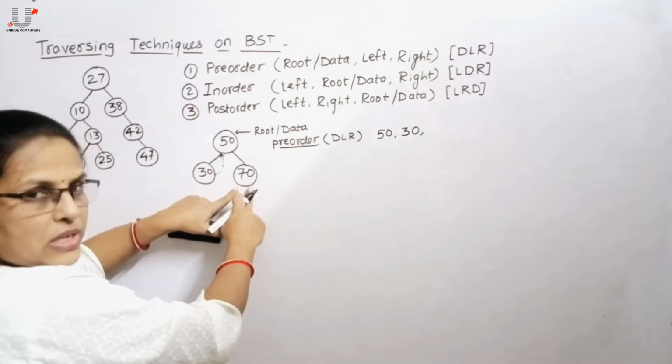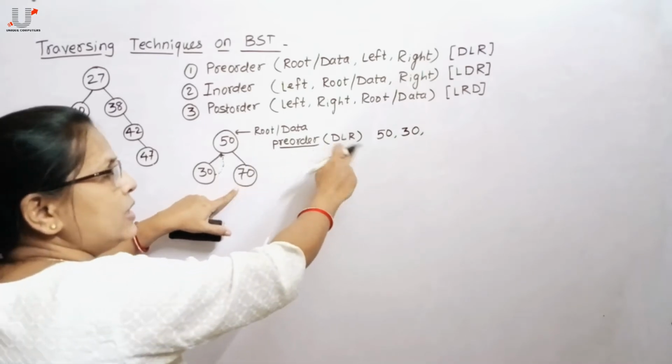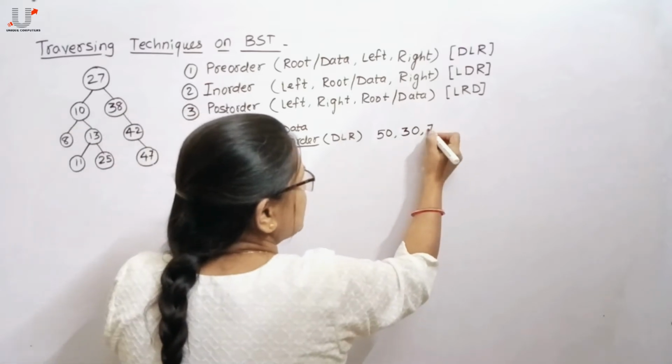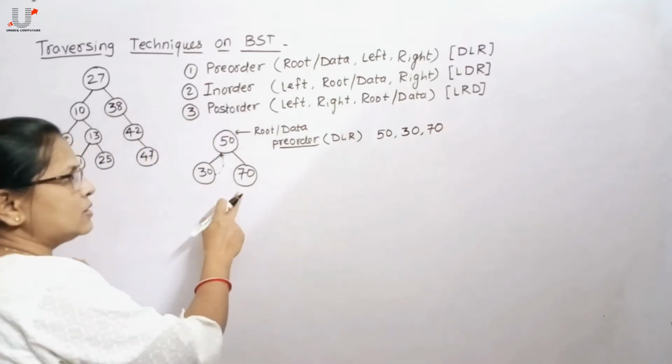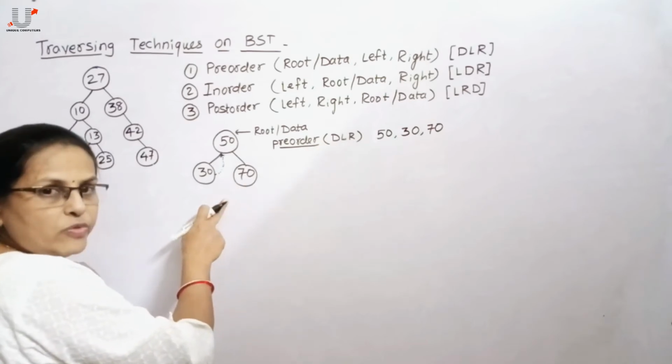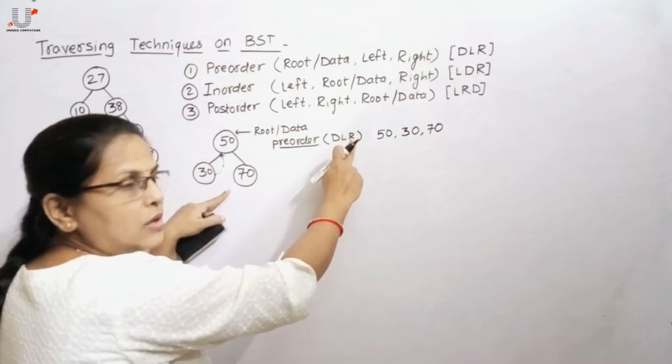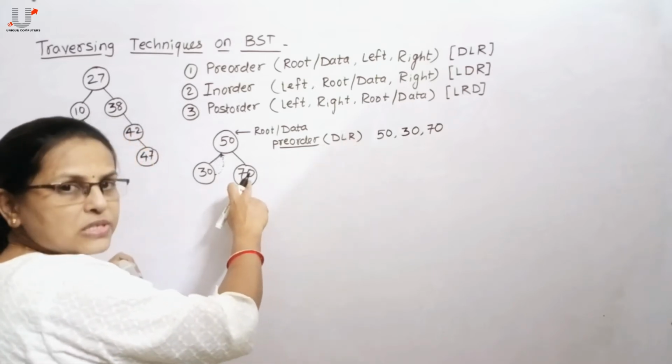Control moves to this 70. Again apply DLR for this 70, data gets processed first, that means 70 gets displayed. Then L, as no left subtree is there, it applies R on the same 70.